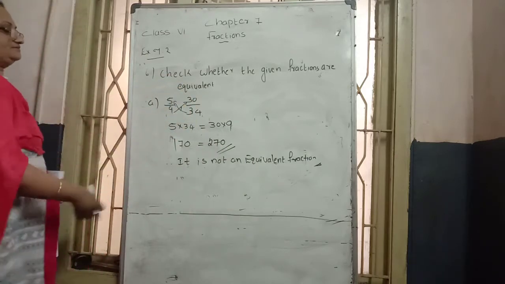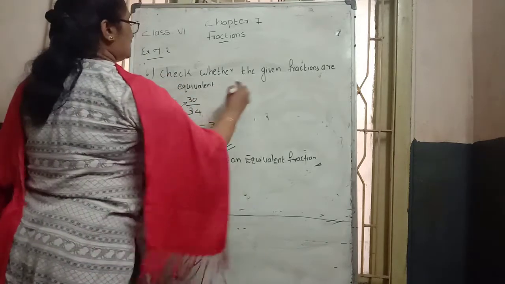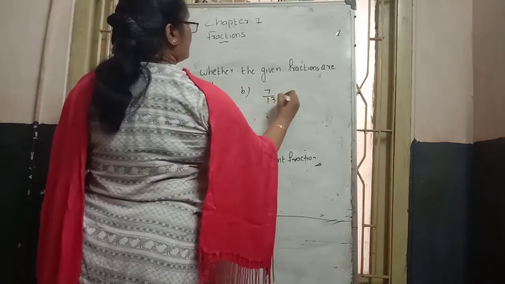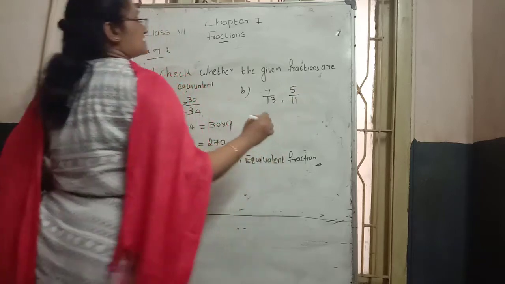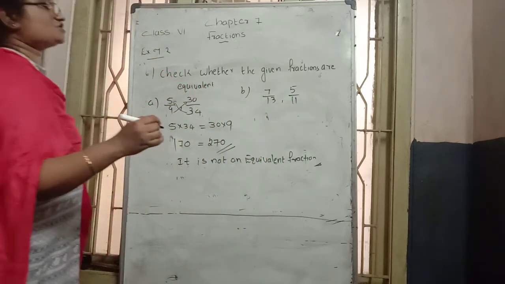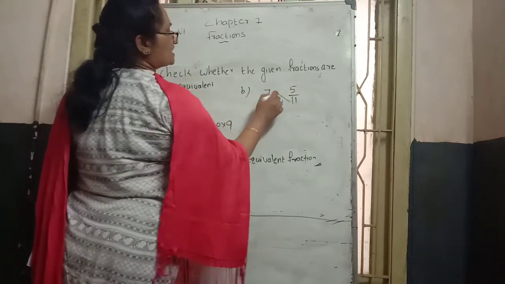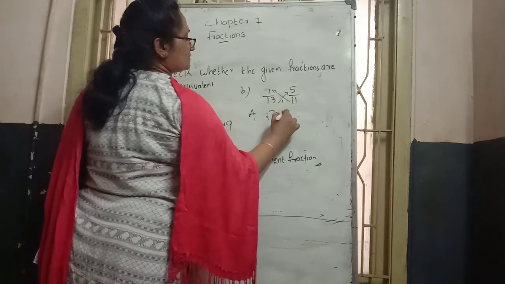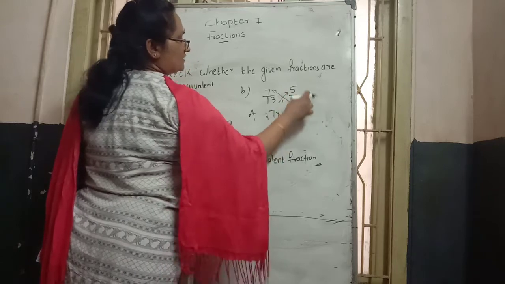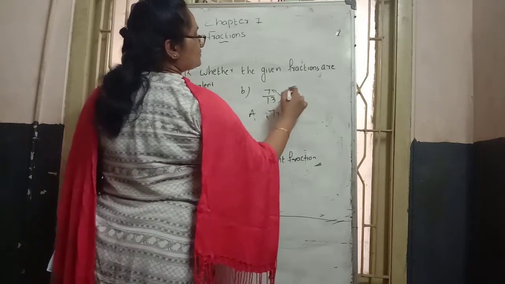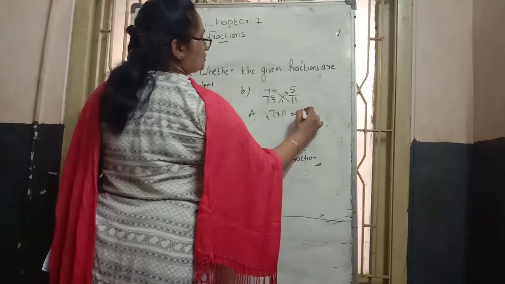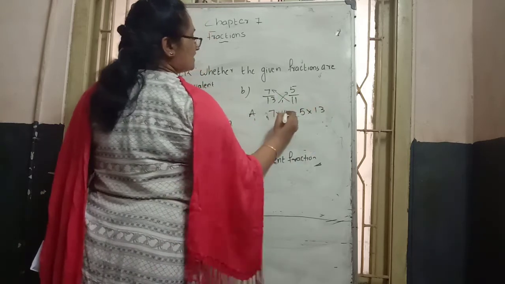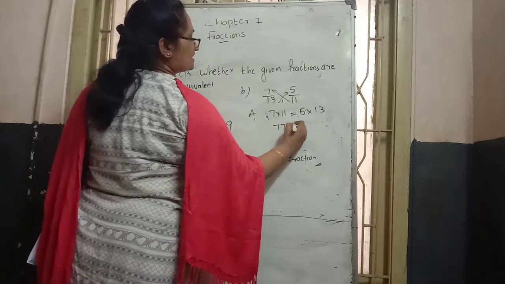Then next question, B question: 7 by 13 and 5 by 11. Same model question; we want to check whether both are equivalent or not. How to check? Cross multiply. 7 is cross multiplied with the second fraction denominator 11, which comes to 77.